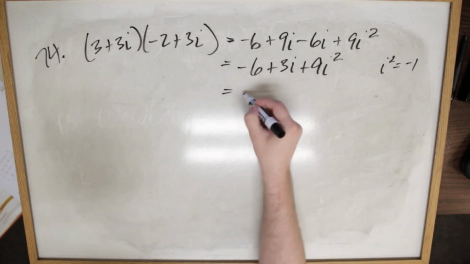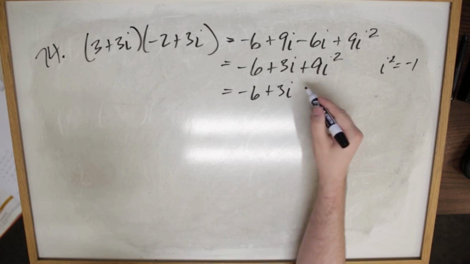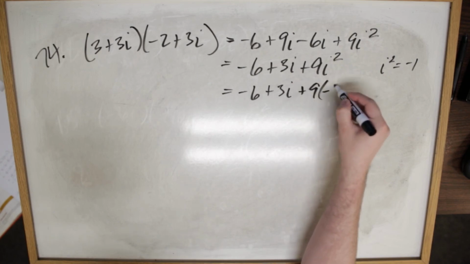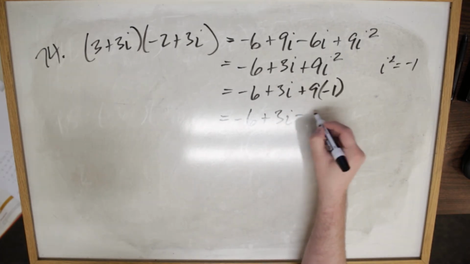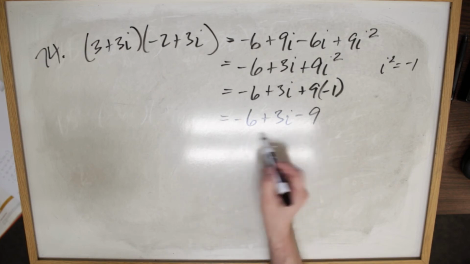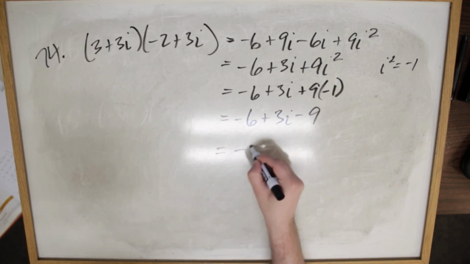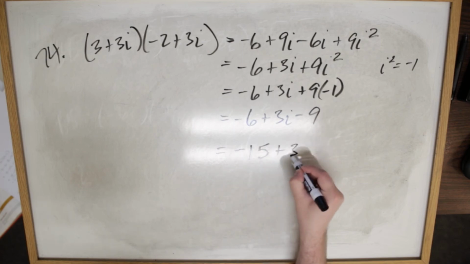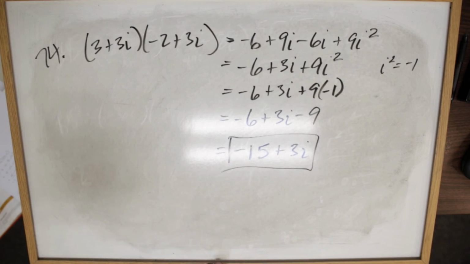So minus 6 plus 3i, this becomes a plus 9 times minus 1, which is equal to minus 6 plus 3i minus 9. Okay? So notice what happens here. Minus 6 minus 9 is going to be a minus 15 plus 3i. And that right there is our solution.